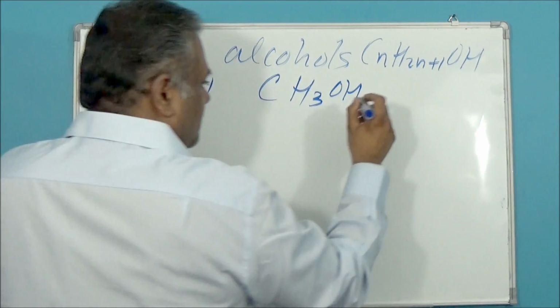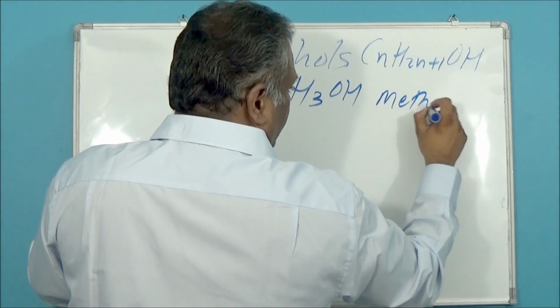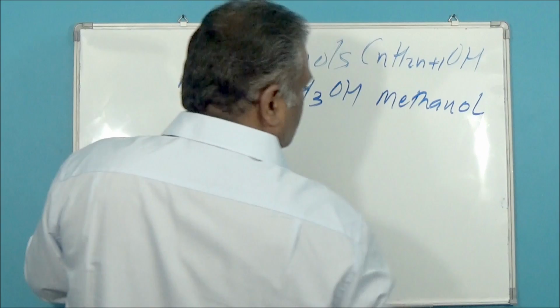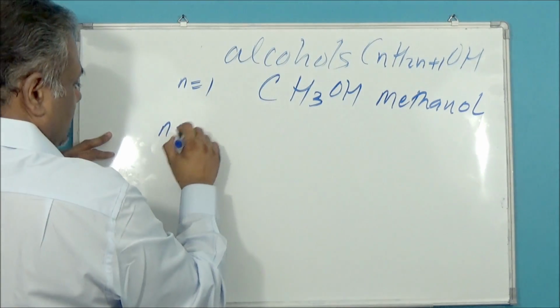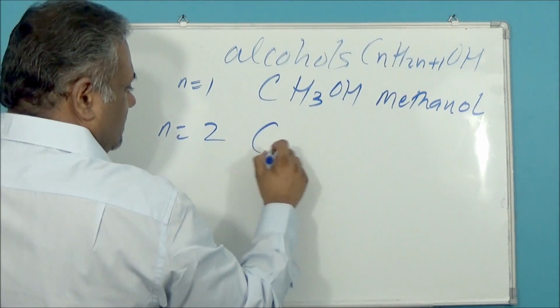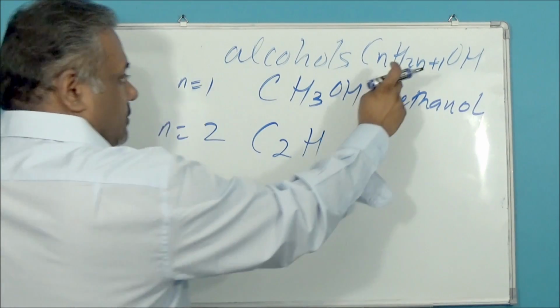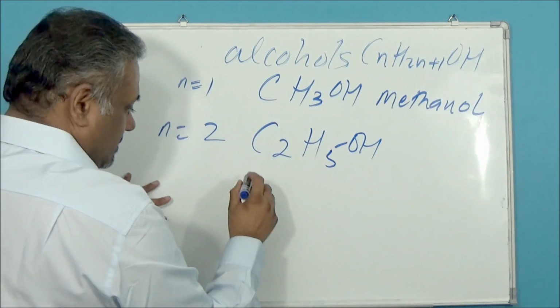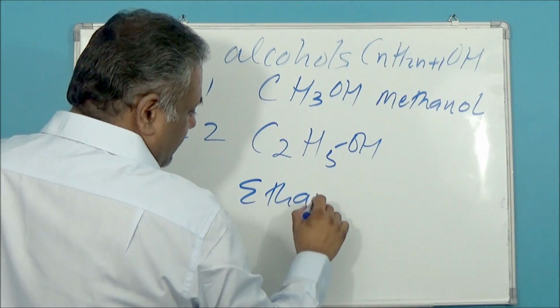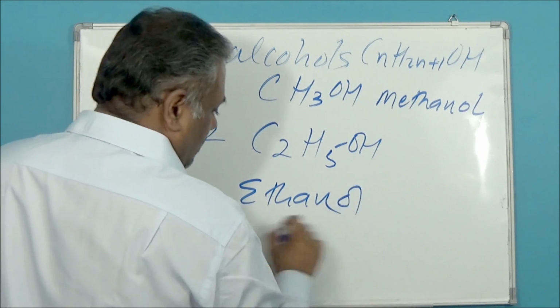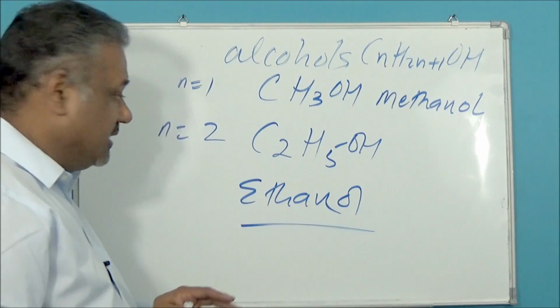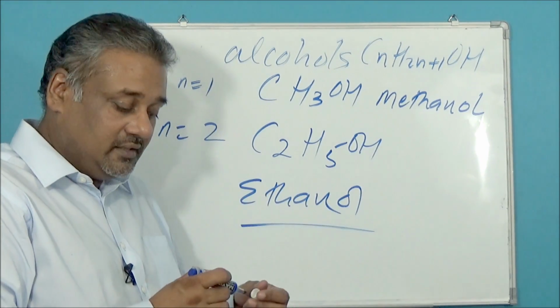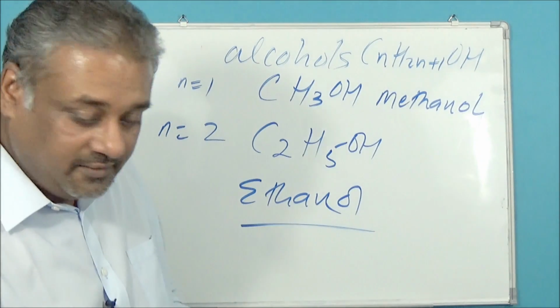Since it's only 1 carbon, we say methanol. If n equals 2, just put the value in: C2H5OH, because there are 2 carbons, we say ethanol. So why don't you try for n equals 3 and 4 and have some practice there.